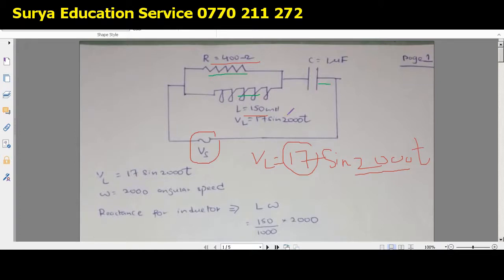It's a very easy task, because if we can evaluate the current through the resistor and the inductor, then we can add them, so that will be the total current, right? Because at this junction both the currents get connected, which is I total, so that is the same current that passes through the capacitor. That means I total equals I capacitor, right?